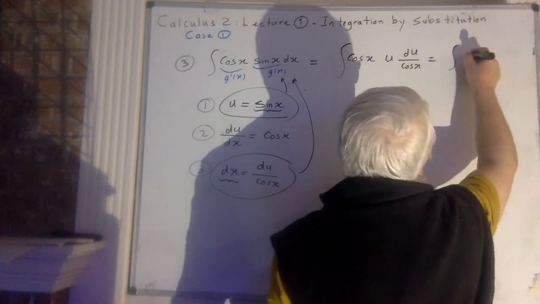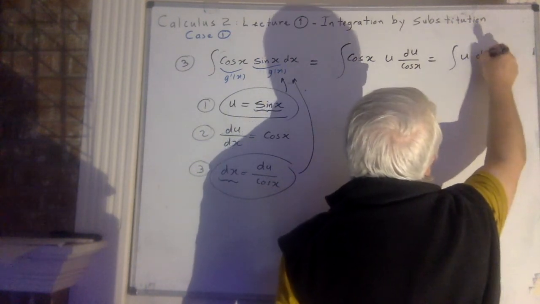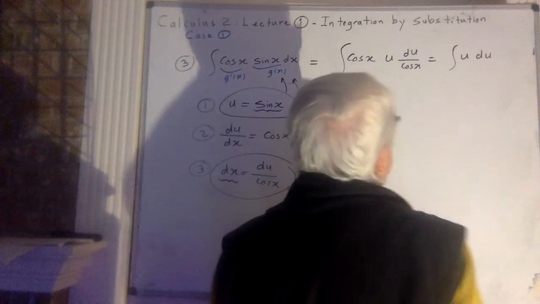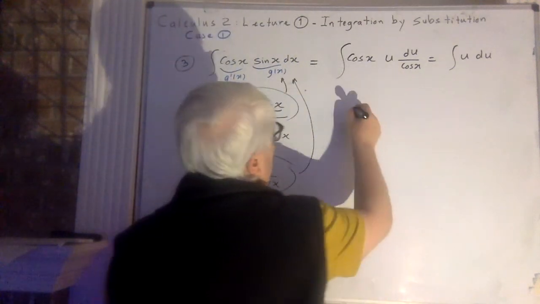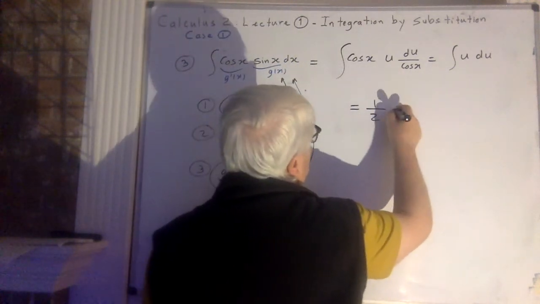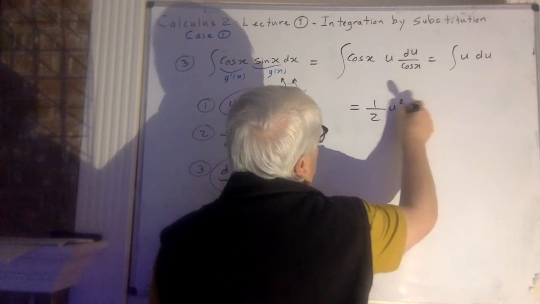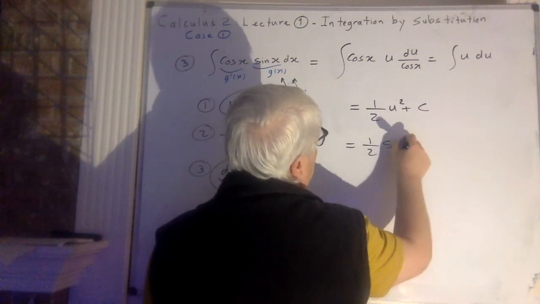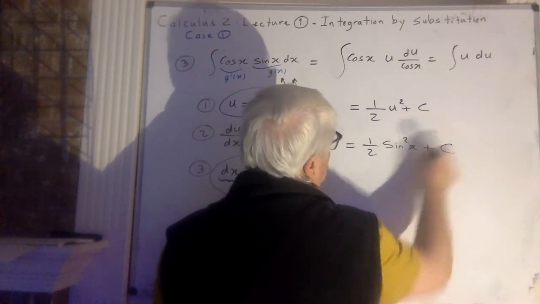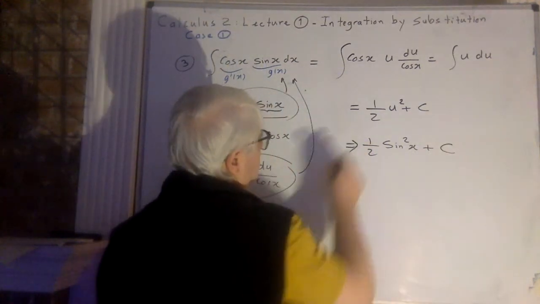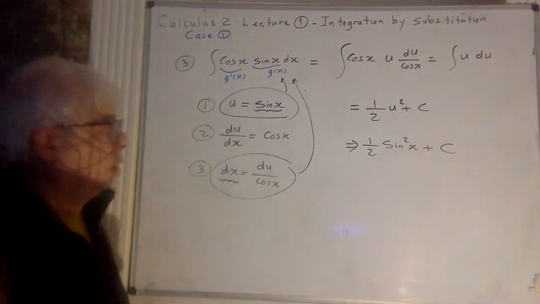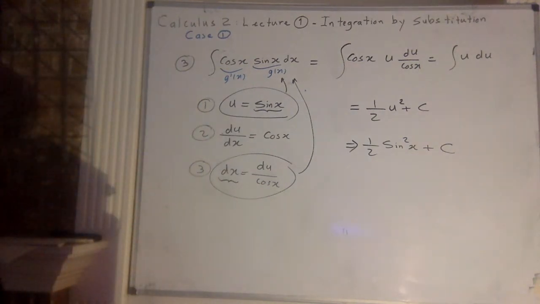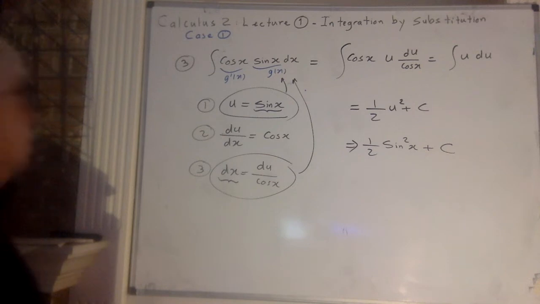So the integral of u du. So that's 1/2 u squared plus c. So that's 1/2 sine squared x plus c. Okay, so that is the end result for the third one.